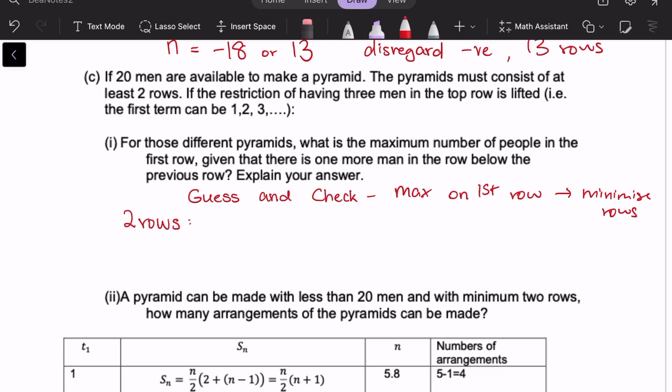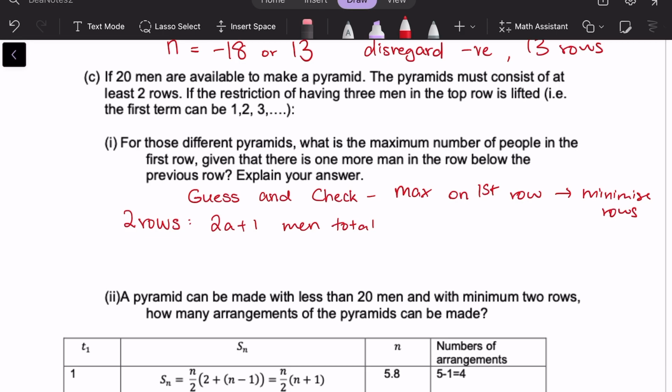Let's call the top row A, it has A men. And then the second row, the one below, would have A plus 1, right? So in total, there would be 2A plus 1 men total. But assuming we have to use all 20 men, 20 is an even number, and so this isn't possible because 2A plus 1 is going to be odd.